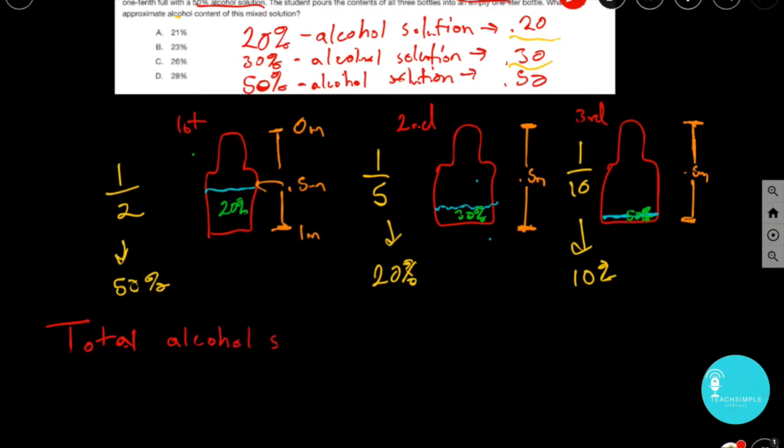Okay, so again, the total alcohol solution is going to be the percentage of alcohol content times the fraction of how much of it is inside the 1 liter container. So we know that the 1 liter container is 1/2 full, times 20%. Now we're not going to write it as 20%, we're going to write it as a fraction.